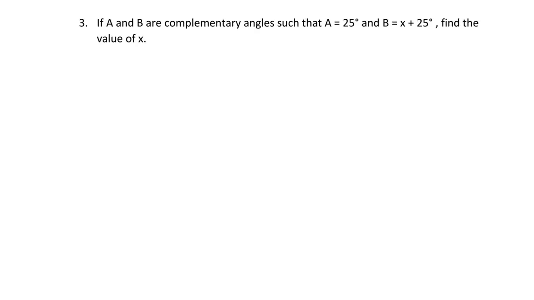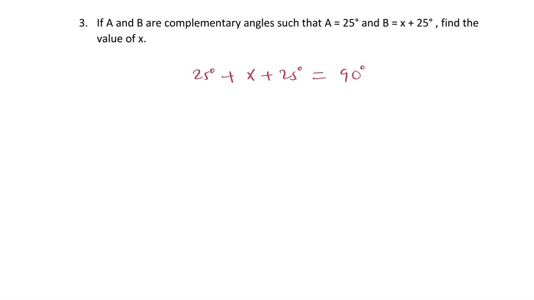Question number 3. If A and B are complementary angles such that A equals 25 degrees and B equals x plus 25 degrees, find the value of x. Okay, so for this one, we have to remember that complementary angles form 90 degrees. Then we can write this as 25 degrees plus x plus 25 degrees equals 90 degrees.